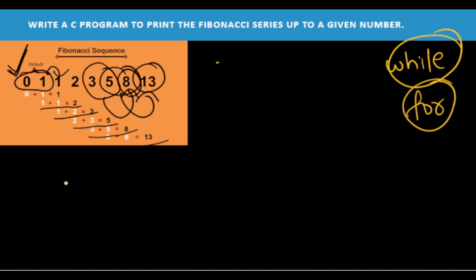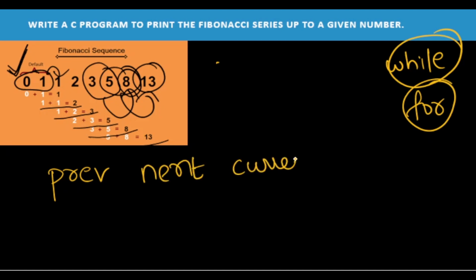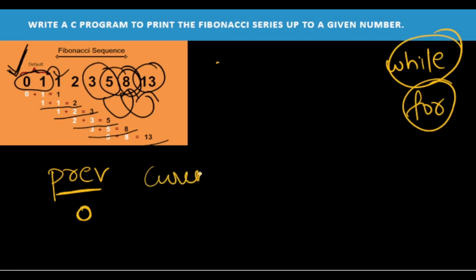Now name three variables: previous term, current value, and next term.